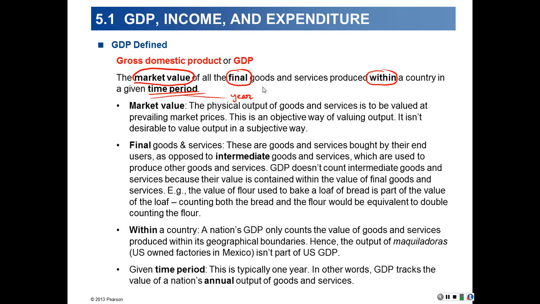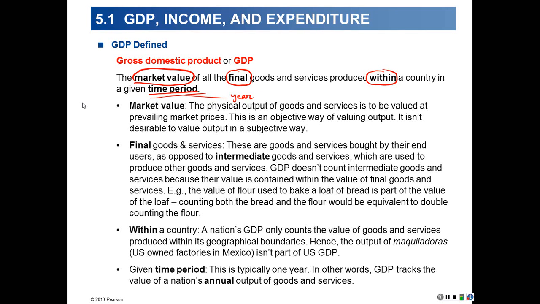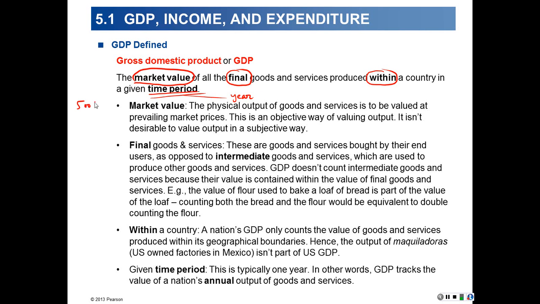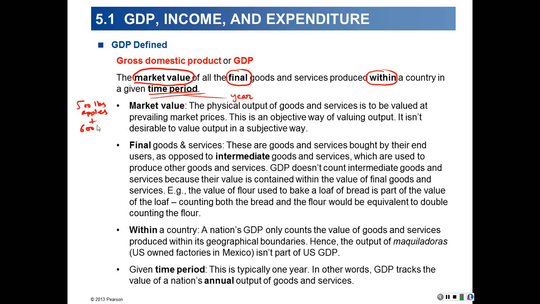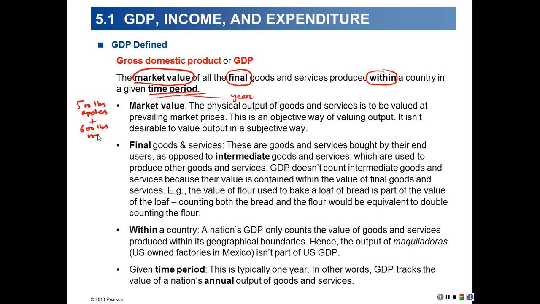Let me give you an example. Let's say that the US economy produces in a year 500 pounds of apples and 600 pounds of oranges. Let's say that this is the output of the US economy.